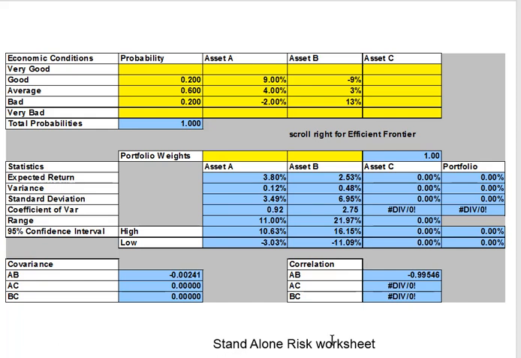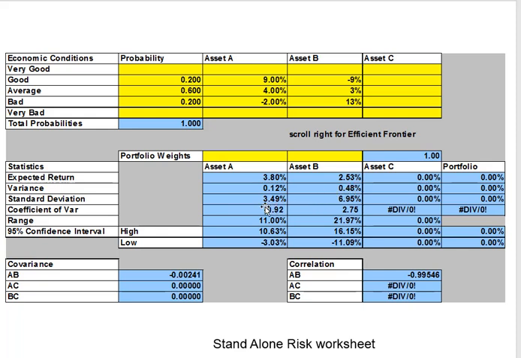So the spreadsheet that we're going to use is called Standalone Risk. Standalone Risk requires us, in the yellow boxes here, to input the probabilities and input the returns, and it will calculate the statistics for us. As we can see here, asset A is 3.8%, asset B is 2.53%.